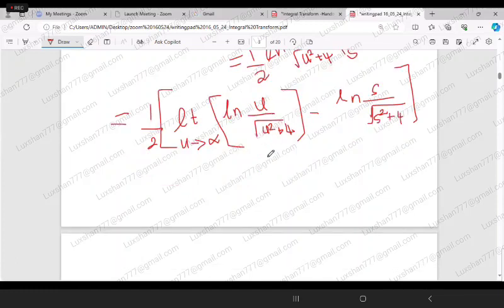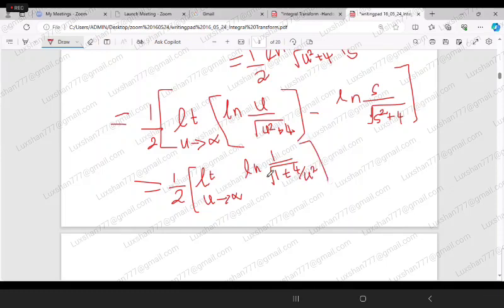If you divide u up and down, then this becomes half limit u tends to infinity, you can say ln 1 over square root of 1 plus 4 over u square, minus ln s over square root of s square plus 4.